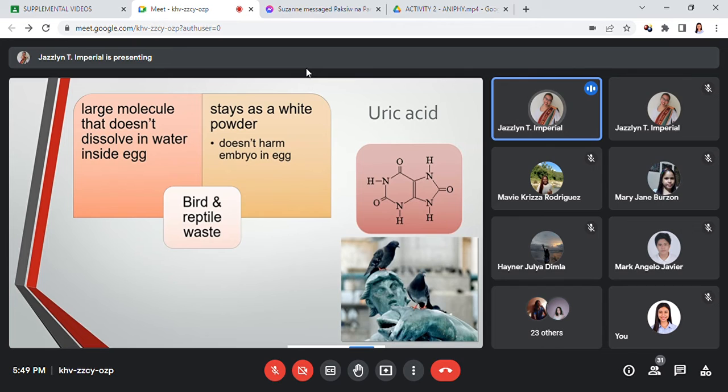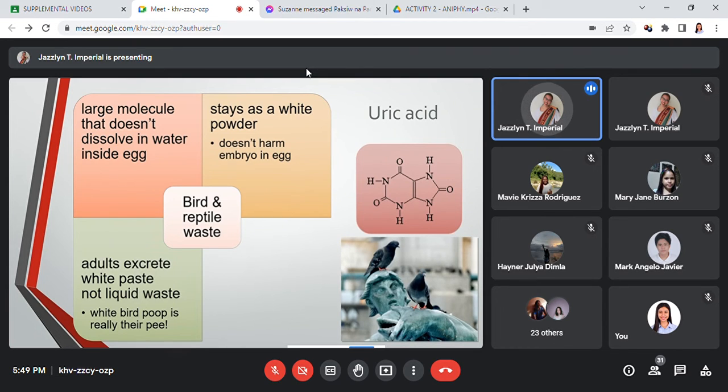See, it remains as a white powder. Okay? So the adult birds excrete white paste, not liquid waste. So kung nataihan ka ng bird, tingnan mo. Kung puti, wiwi yan. Kung brown or itim, poop yan.